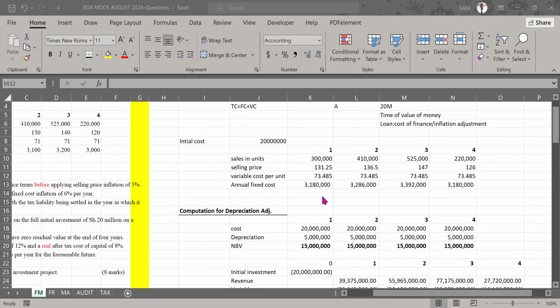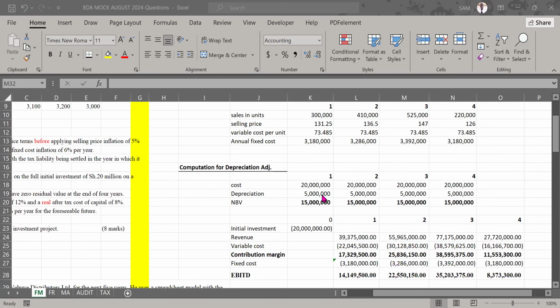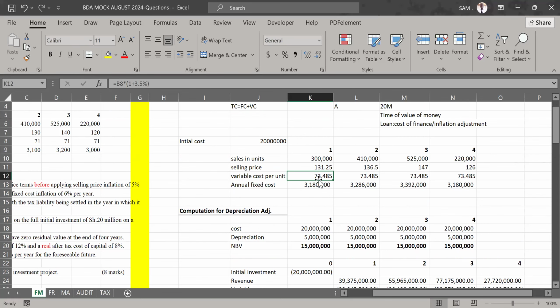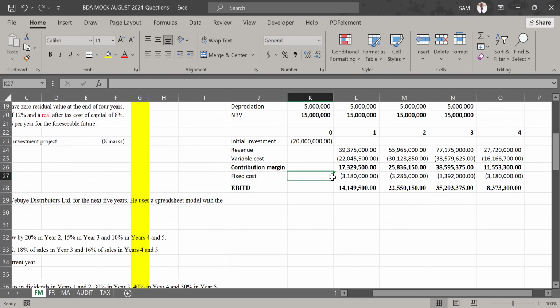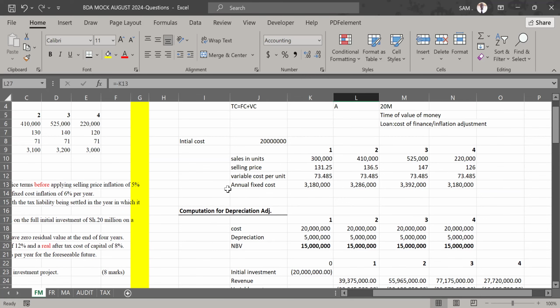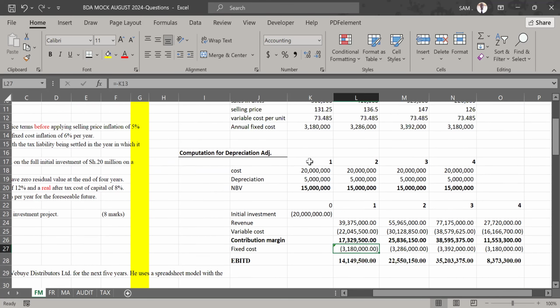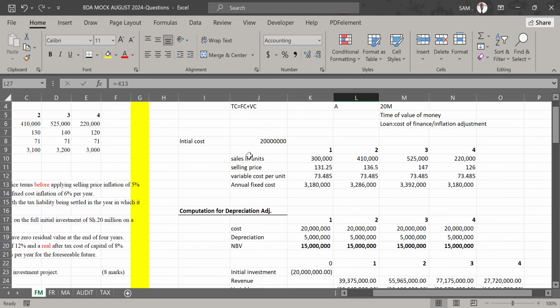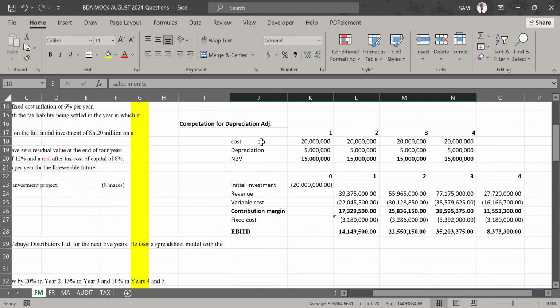There is no problem so long as you take care of your inflation adjustments correctly, so long as whenever you're bringing this fixed cost in your tabulation here, you've taken care of the 1,000 level of precision given, and you've also taken care of inflation. You do not have to have that separate computation like we've done here.